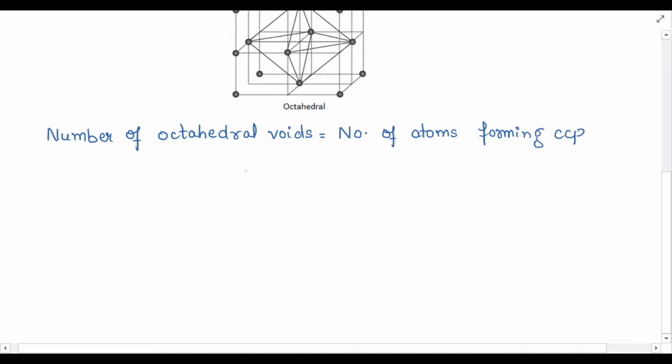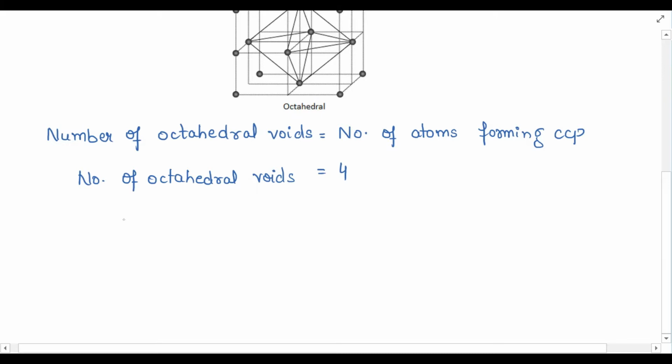That means the number of octahedral voids will be equal to the number of atoms that are contributing to form CCP structure. Okay, so how many atoms are there? That are 4. That means number of octahedral voids are 4 in this crystal lattice, right?